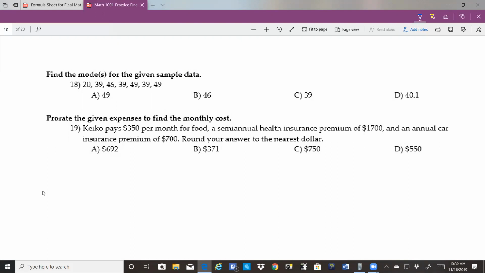It's pretty obvious that you've got 3 39s, and none of the other numbers are given more than 3 times, so the mode is going to be 39.